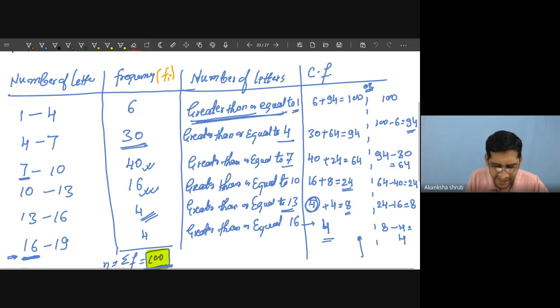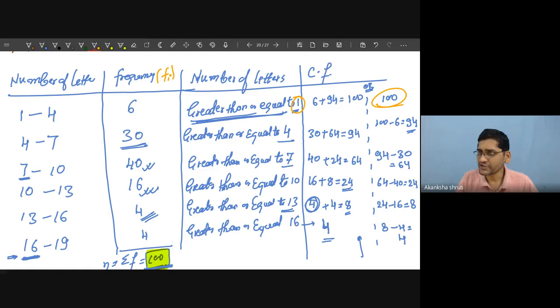For the greater than and equal type Ogive, we need to take this point, the lower limit 1 and the frequency 100. And we have to plot in the same curve. Or if it is asked to draw these two curves separately, you may plot it on two different curves.